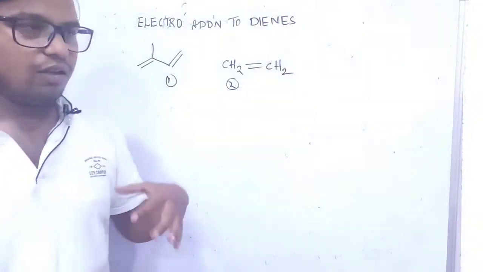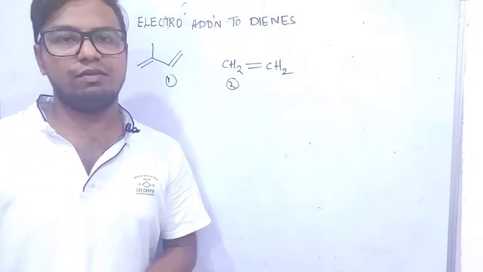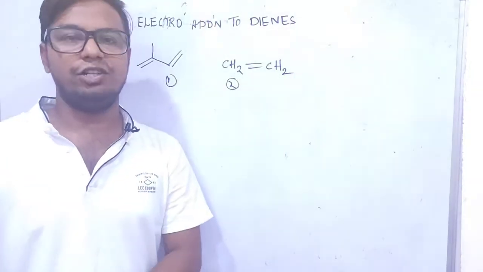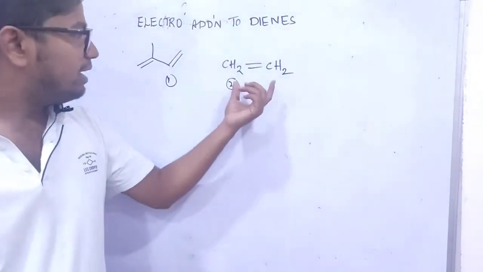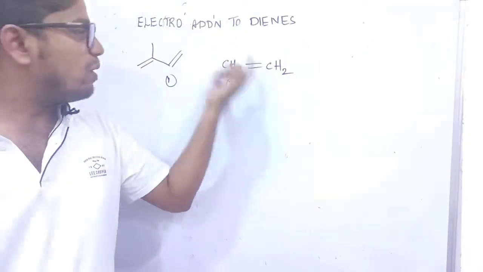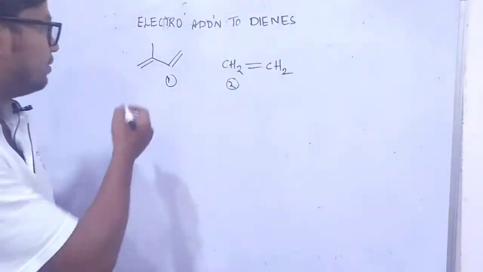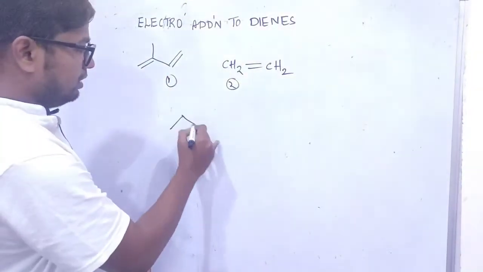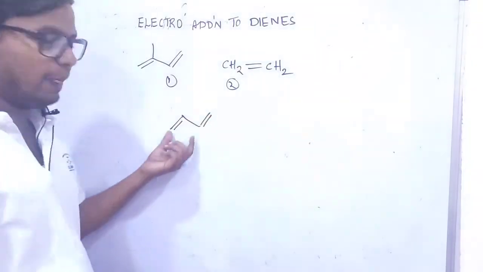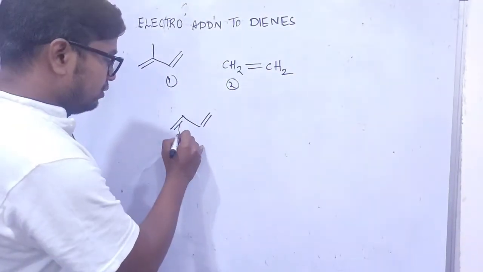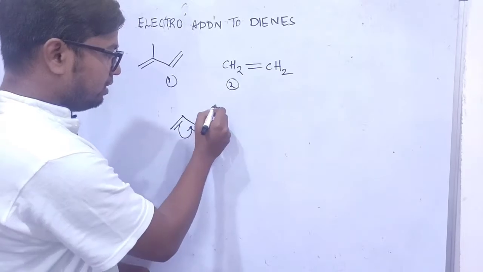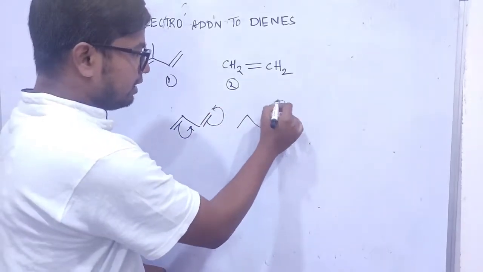More nucleophilicity means more availability of the electrons towards the electrophilic addition in this case, right? So see here, we have the isolated double bond and there is no resonance here. When we observe the structure, I am taking the normal isolated double bond, this pi bond migrates over here and this will convert into a carbanion.